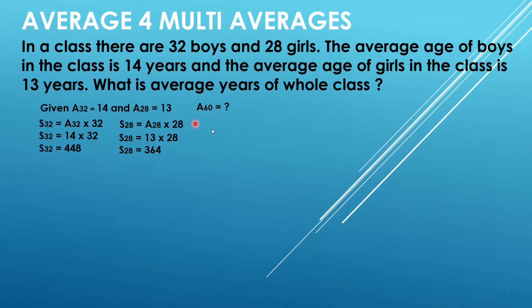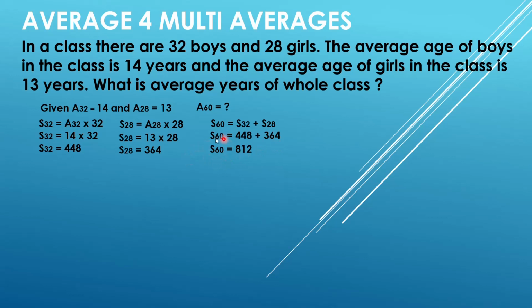How can we calculate this A60? First we need to find S60, right? S60 is equal to sum 32 plus sum 28, because if we get both sums, then only we'll get the sum of 60. So S60 will be 448 plus 364, which is 812.